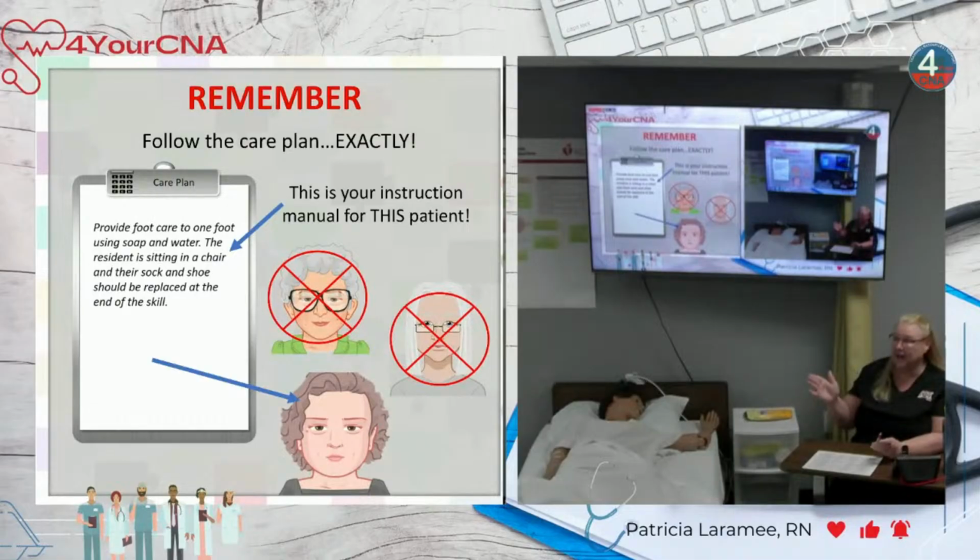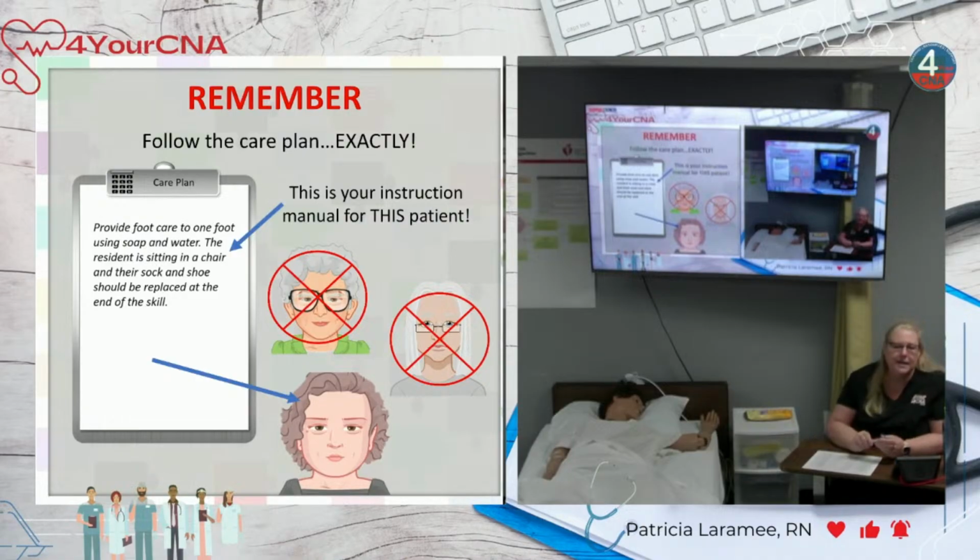You're relying on getting care plan information from somebody else that might forget to give you an important piece of information. So this, what I'm giving you here, is the teams report. It is a way of organizing information in a way to make it easy to transfer information from one CNA to another and try to limit the amount of information that's missed.